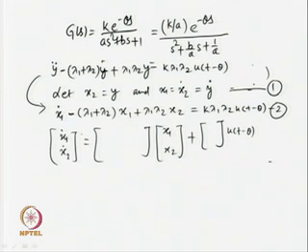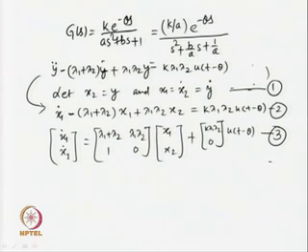Now, x 1 dot has got lambda 1 plus lambda 2 here times x 1, then lambda 1 lambda 2 here, then I have got k lambda 1 lambda 2. Okay. And what about the x 2 dot? x 2 dot is equal to x 1 only, therefore it will be 1 and 0. This is how we develop the state equation for the underdamped dynamics.